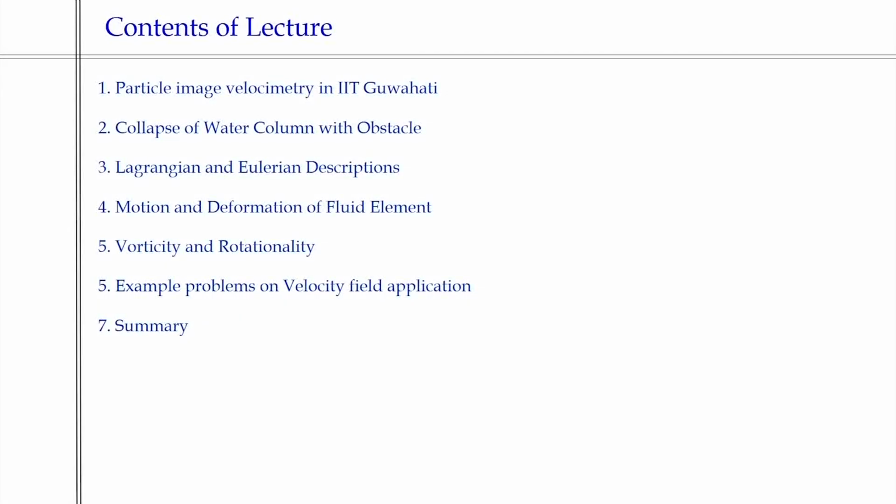I will show the experimental facilities in the Department of Chemical Engineering, IIT Guwahati: the particle image velocimeter, which measures three-dimensional velocity components.